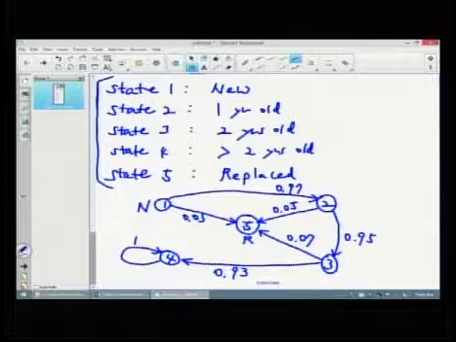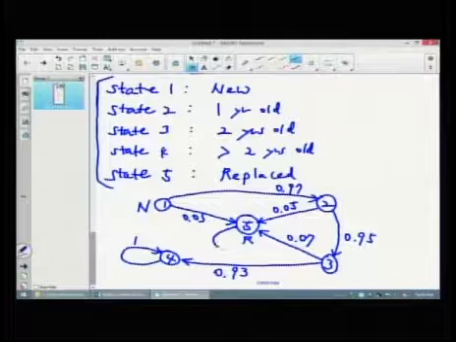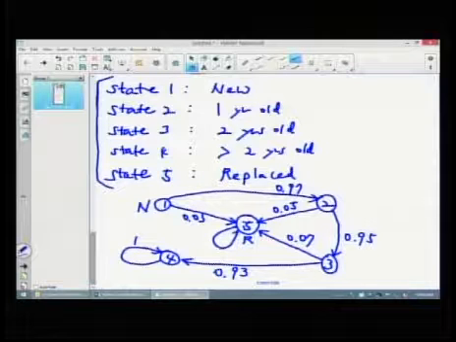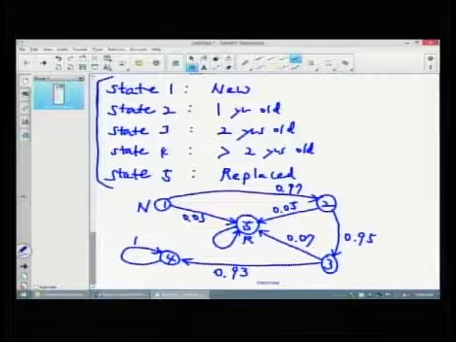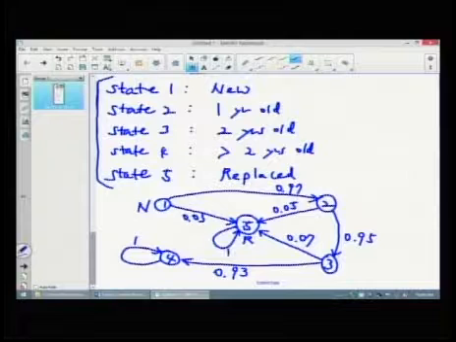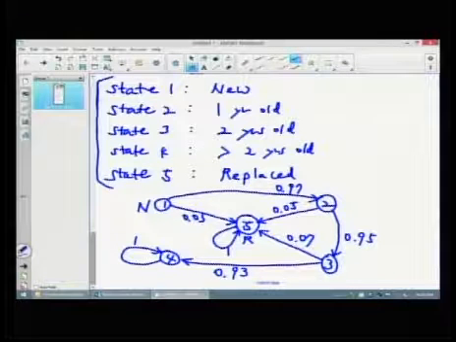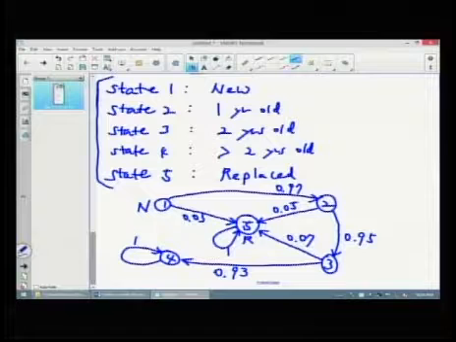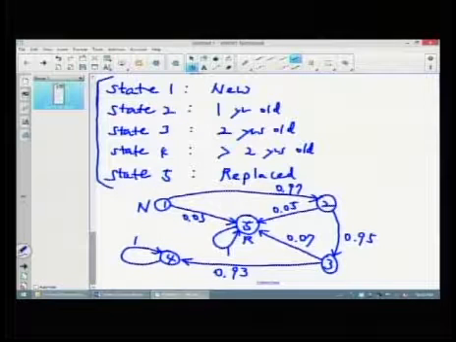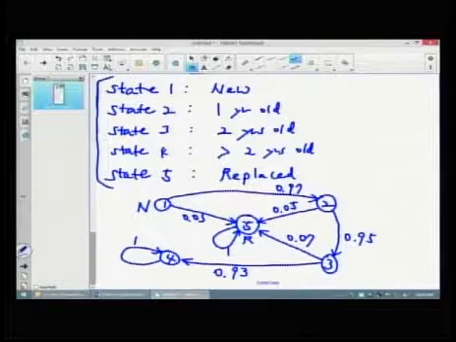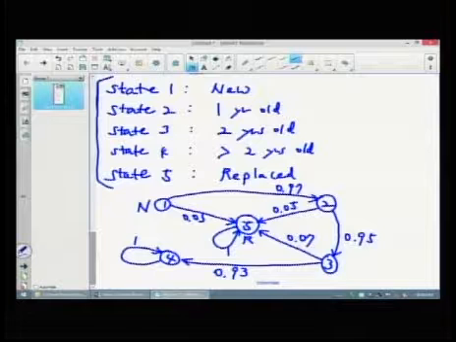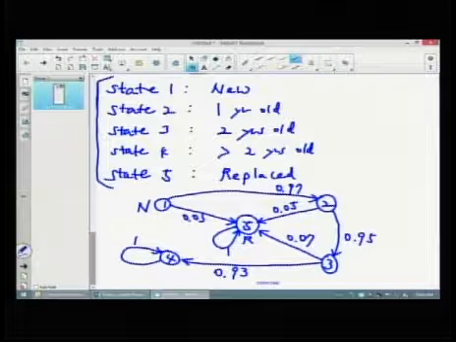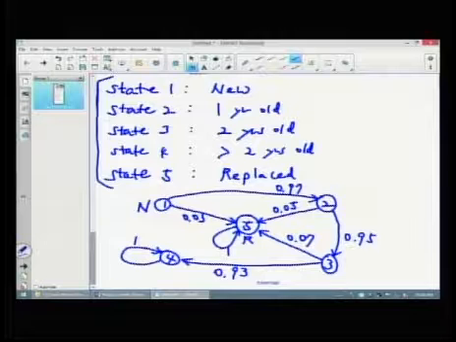And of course, we have one more absorbing state here. Once it's replaced, it just remains in the replaced state, right? That's going to be 1 as well. Does that make sense to everyone? Okay. So in this diagram, it's easily seen that we have 2 absorbing states. Those are state number 4 and state number 5, right?